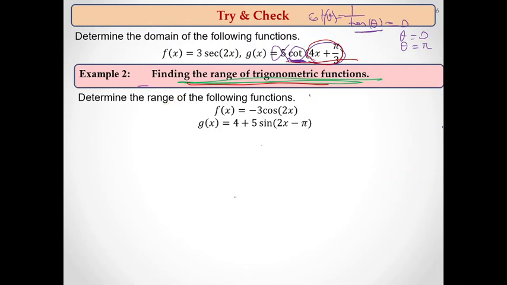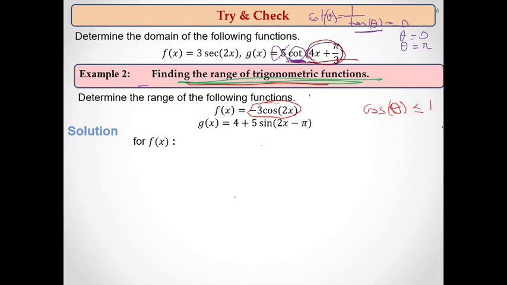Now, in the range question, what we can do is this. For x, we have to find a boundary. I mean, we have to limit this function between two numbers. So let's remember, what is the range of cosine theta?